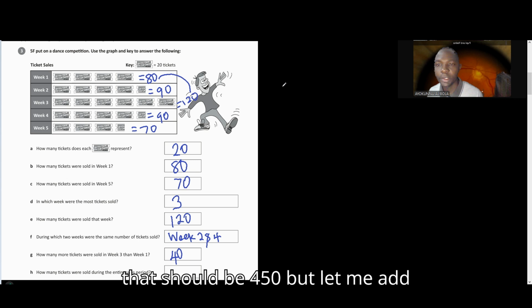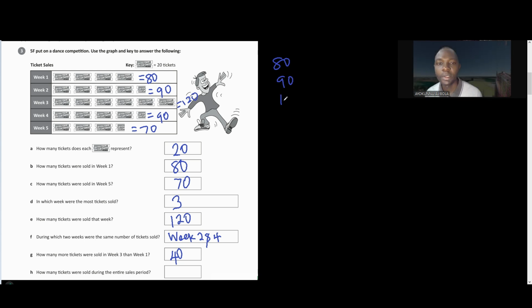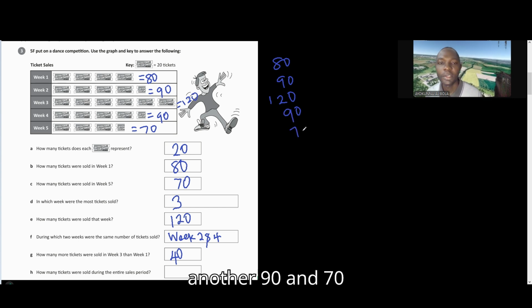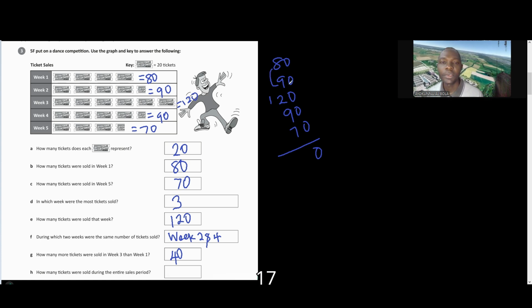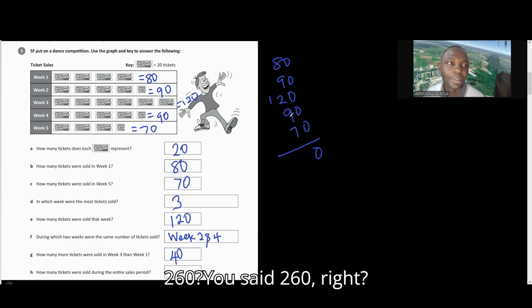But let me add them up here. So 80, 90, 120, then another 90, and 70. So we got 0 here. This is 17, 19. 260. What did you say? 260.